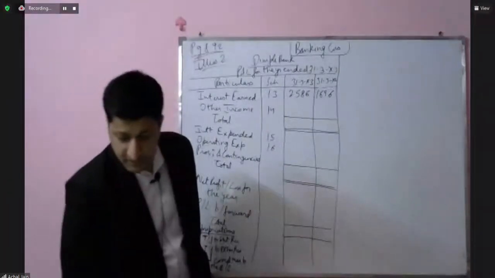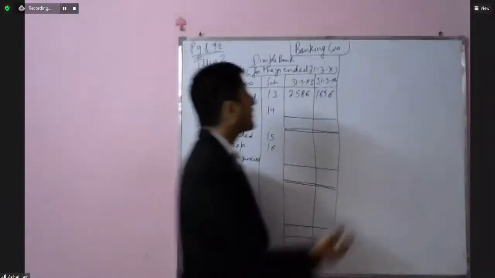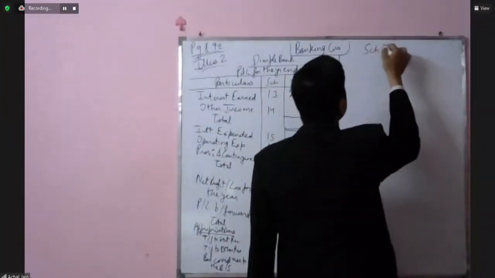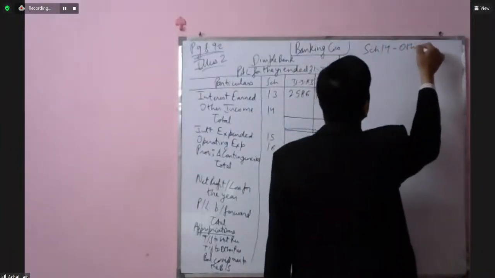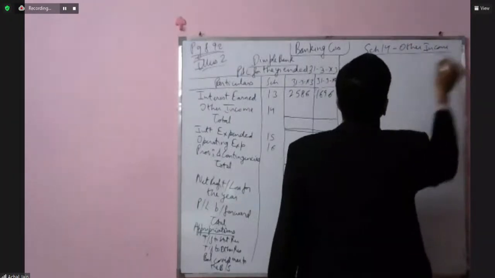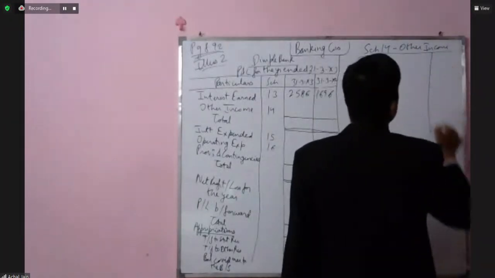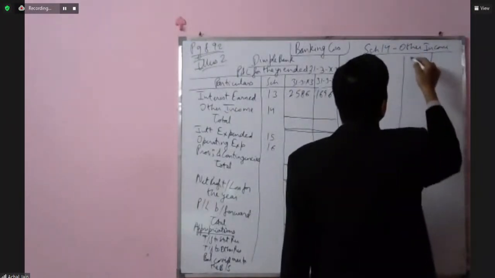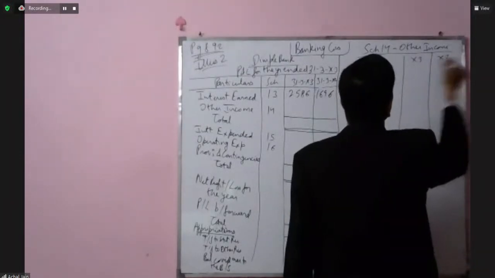Moving on to the next one, schedule 14, other income. There again we have X3, X2.